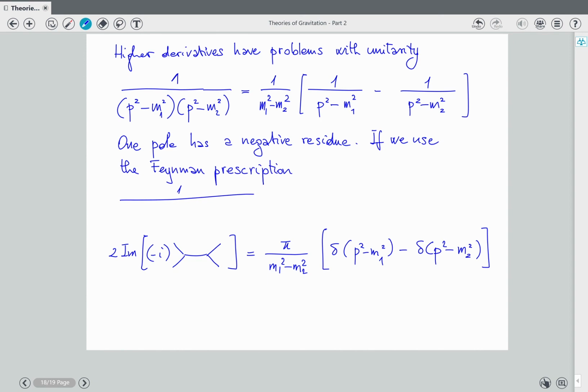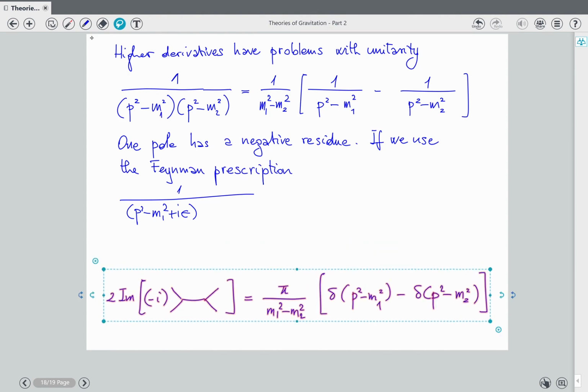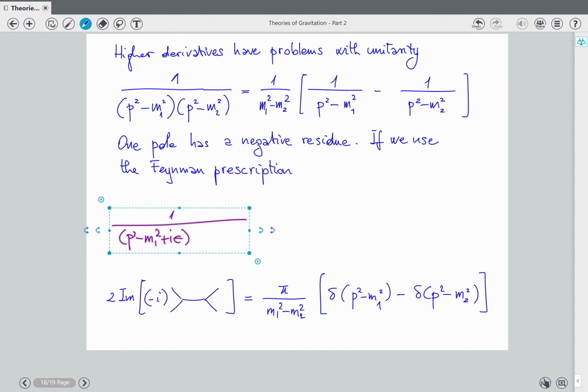We write the propagator as 1 divided by p squared minus m1 squared plus i epsilon, times p squared minus m2 squared plus i epsilon.